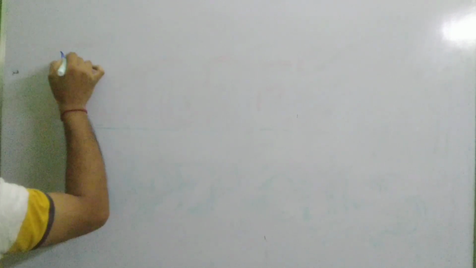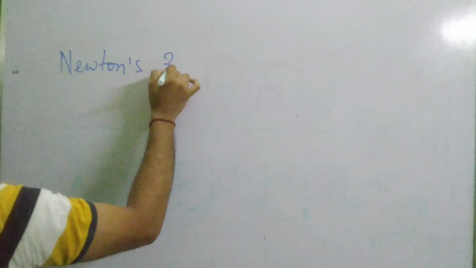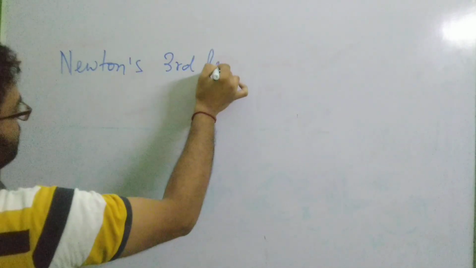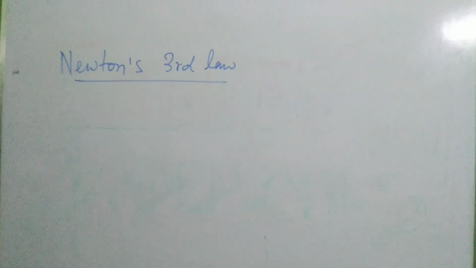Okay, so what is Newton's third law? First of all, let me write down the statement. You can also write it in your copy for your better understanding. It's all given in the book, but if you write it, it will help you understand the concept.